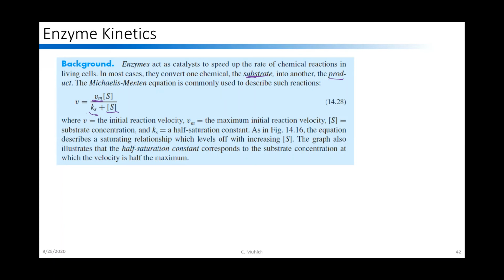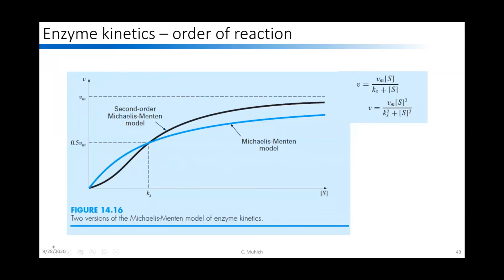Overall, these reactions are going to look like this, where I have this initial increase in my rate that will then plateau as the amount of substrate increases. So if I have a lot of substrate at the beginning of my reaction, I'm not going to go infinitely fast. I have sort of this plateau at my maximum reaction rate.